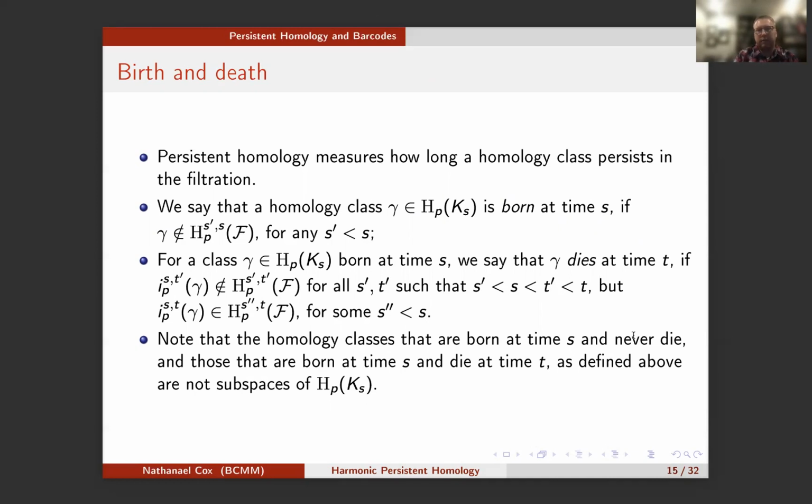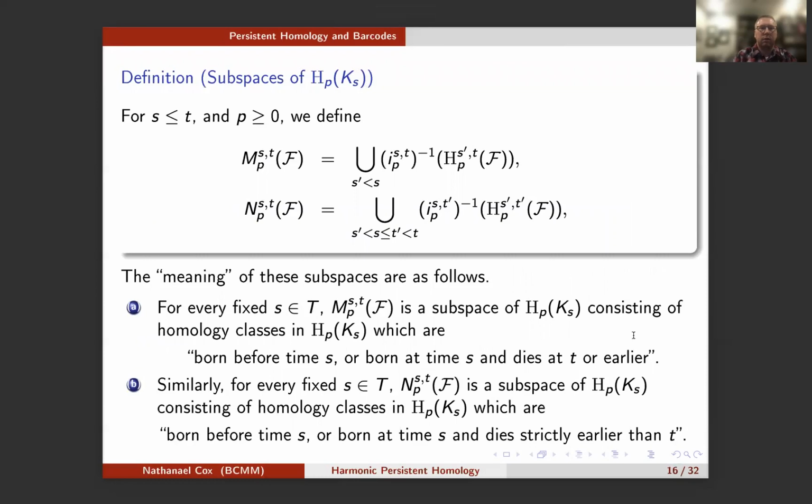And so what we can do to get around that is define some other subspaces and look at the quotients of those subspaces, to get a space that captures this information. So we have two subspaces of our homology groups on K_s, M_p^{s,t} and N_p^{s,t}, and their formal definitions are here, but basically M_p^{s,t} tells you all of the homology classes that are born before time s, or that are born at time s and die at t or earlier.